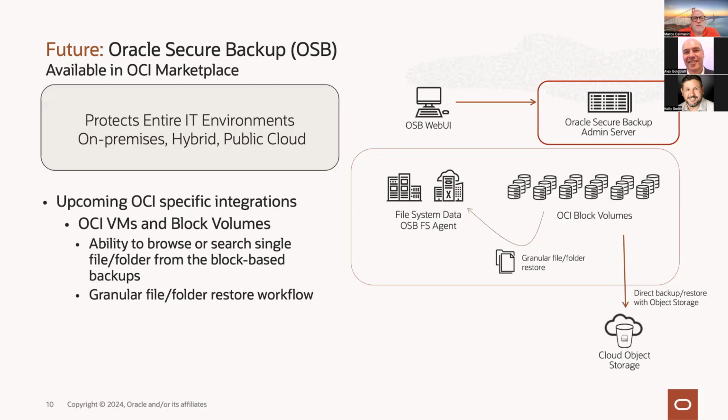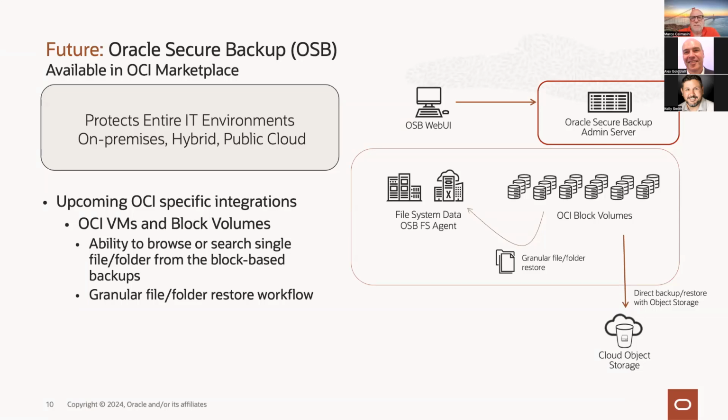But the other thing that will provide is the ability to collect the metadata from the file system configured in the block volumes, and orchestrate the restore of single files. So through the metadata we collect, you will be able to do search or to browse the file system at the time the backup was taken, identify what you want to restore. You can also choose a single file or a single directory, initiate the restore of that, and again OSB will orchestrate the restore of the whole volume, because the backup itself will remain an image level backup managed by the block storage service.